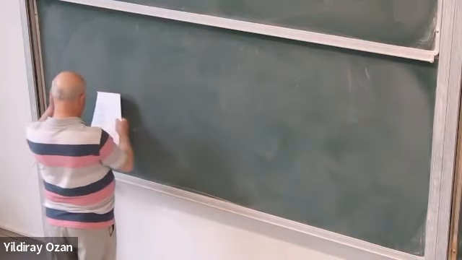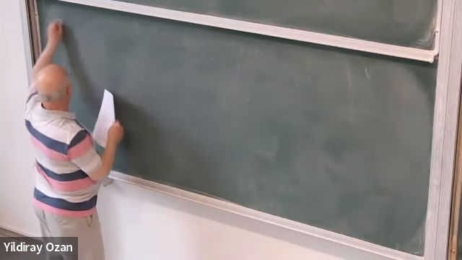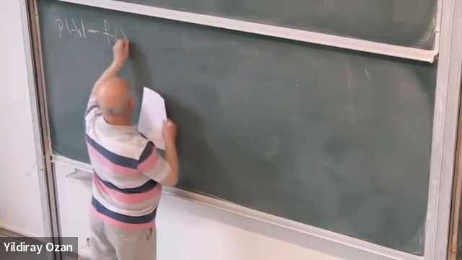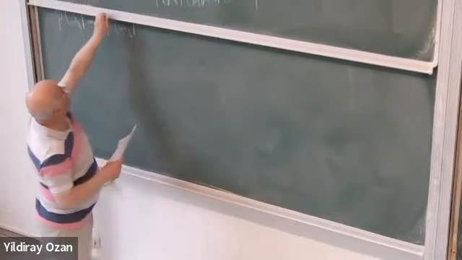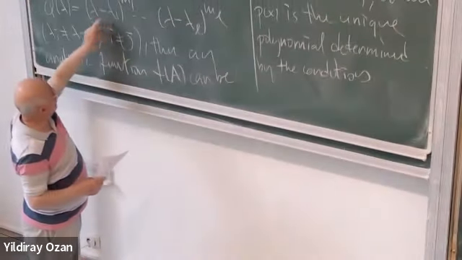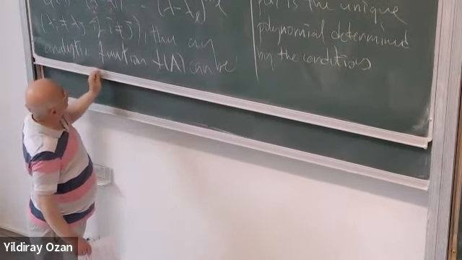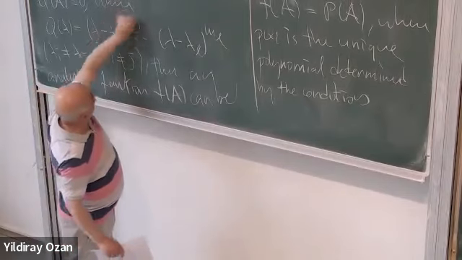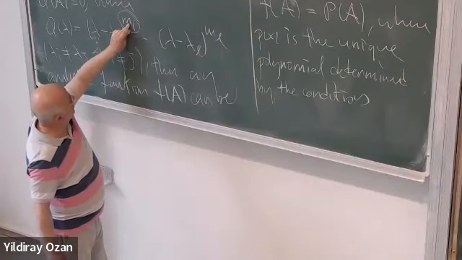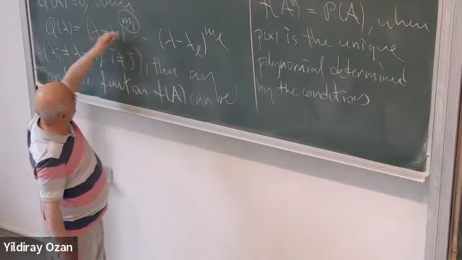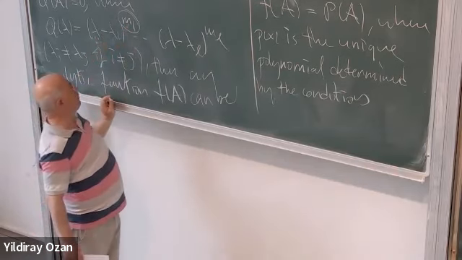Okay. P of lambda 1 equals f of lambda 1. That is, for lambda 1 the value of P equals the value of f. After that, whatever the power is here, you have that many derivatives.